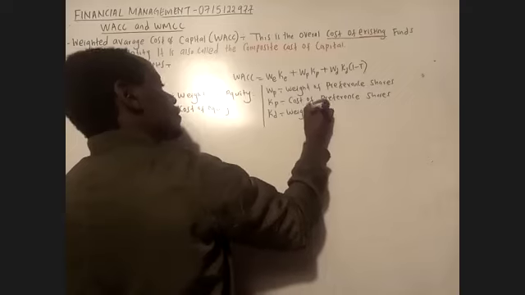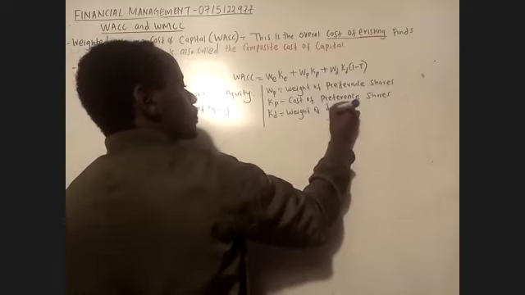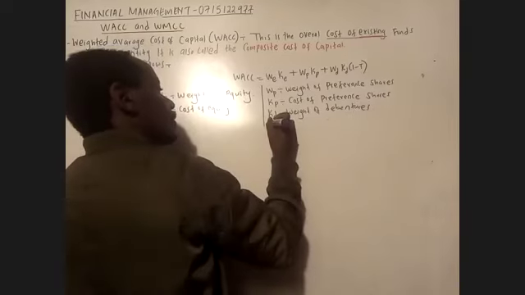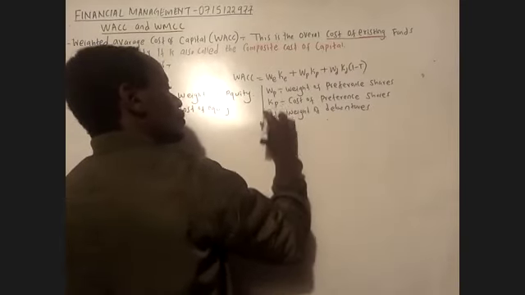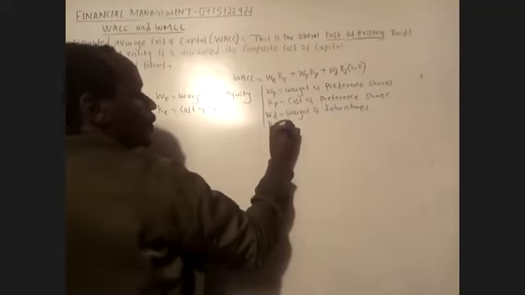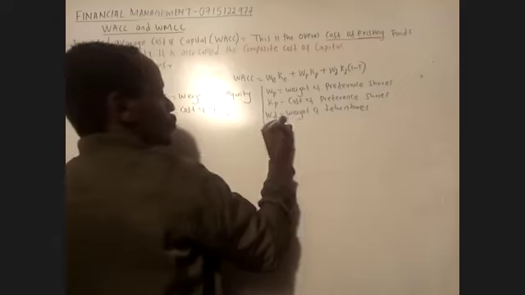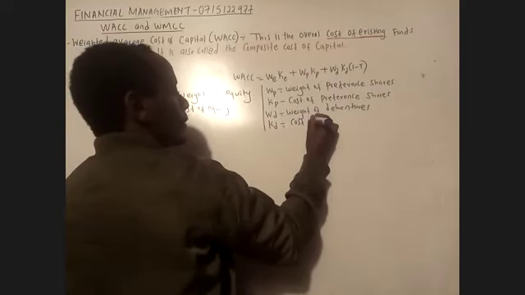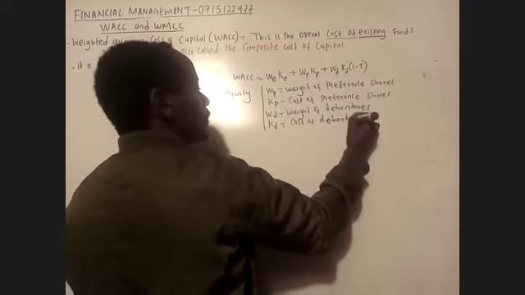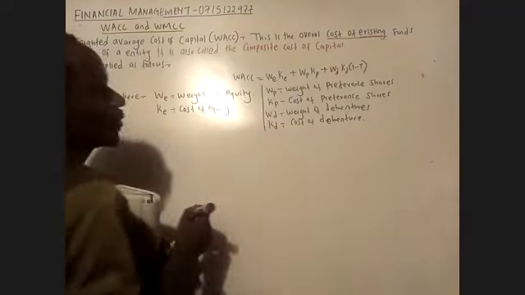WD is the weight of debentures, and KD is the cost of the debenture.